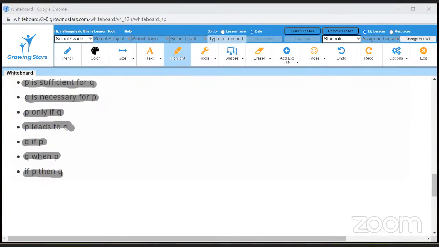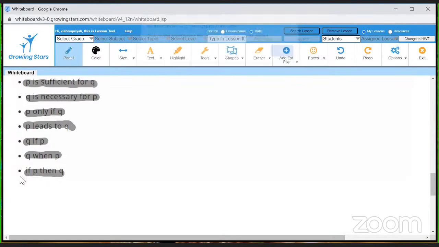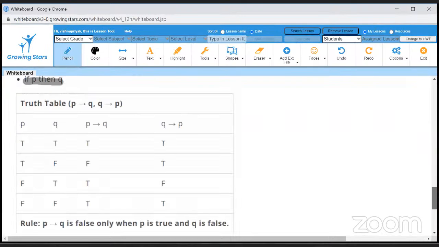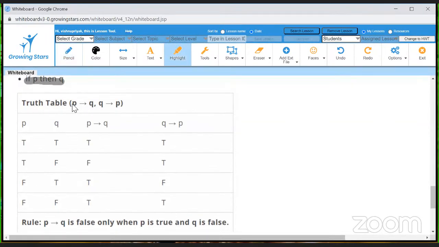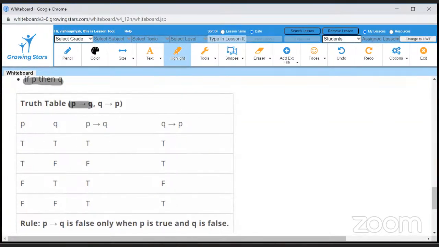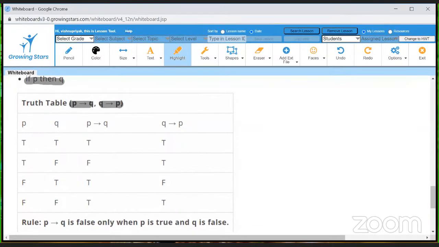So what is the truth table for P implies Q? This is the truth table, for P implies Q, Q implies P. We are talking about P, Q statements.